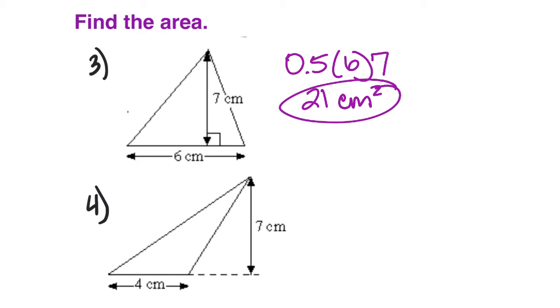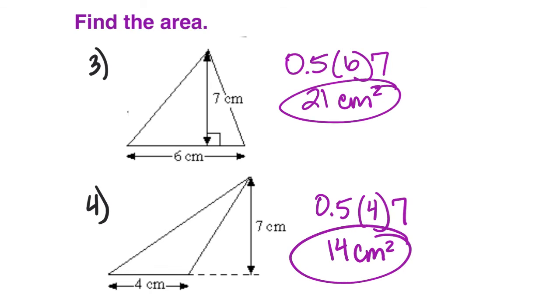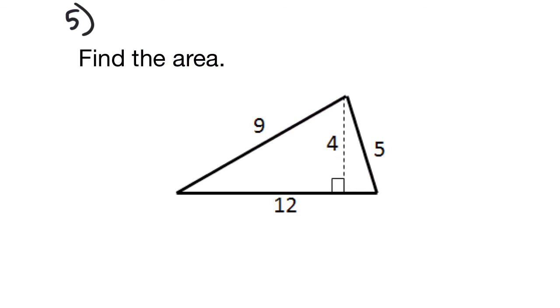Go ahead and find the area for number 4. Number 4 would have been 1/2 multiplied by your base of 4 and your height of 7. And when you multiply those together, you get 14 centimeters squared.